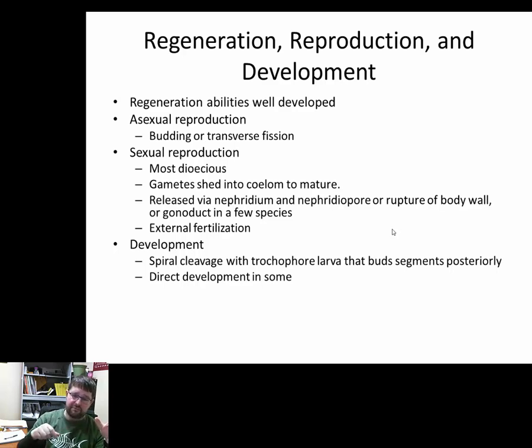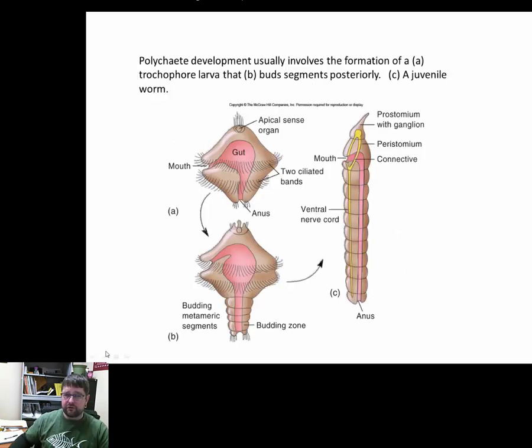It buds off multiple segments on the posterior region and develops into a juvenile. Like I said before, when I first introduced this topic, some annelids have direct development, so it goes from egg straight to juvenile, with no trochophore larva. And then in some cases, there's spiral cleavage and a trochophore larva. This is that budding process I was just talking about.